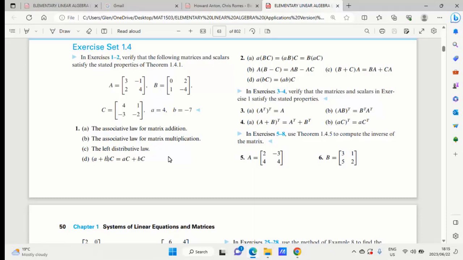The first row, I got -24, -16. And the second row, I got 64 and 36.